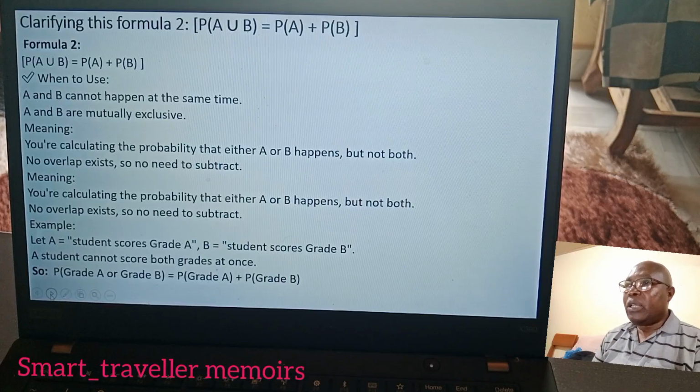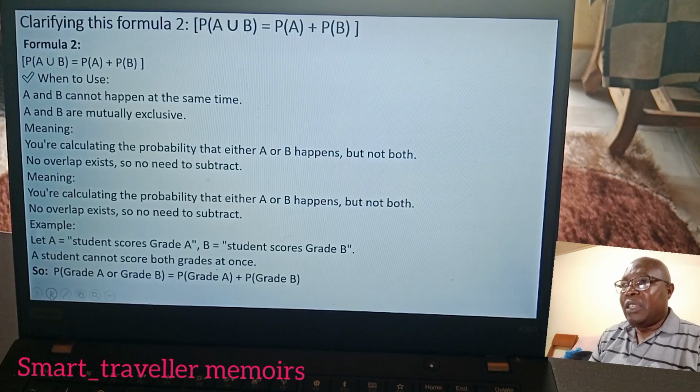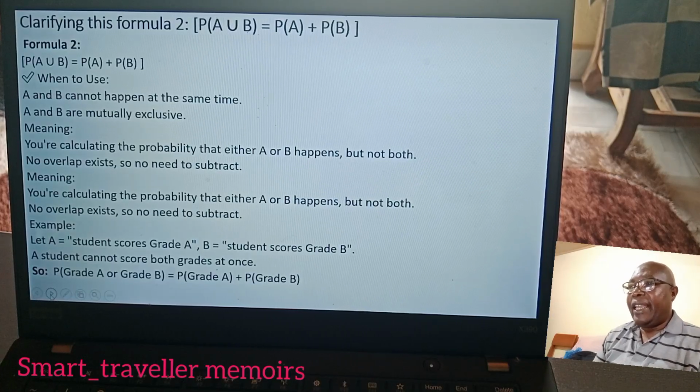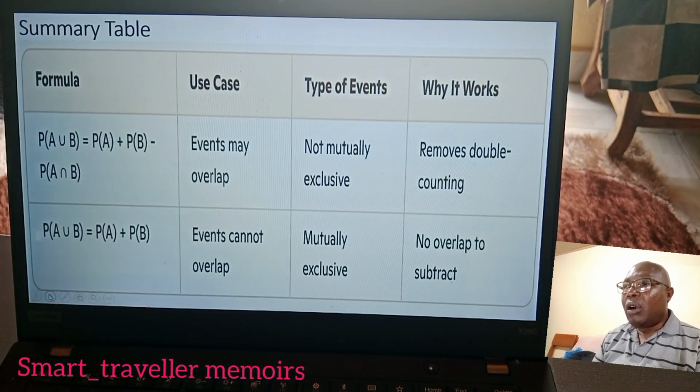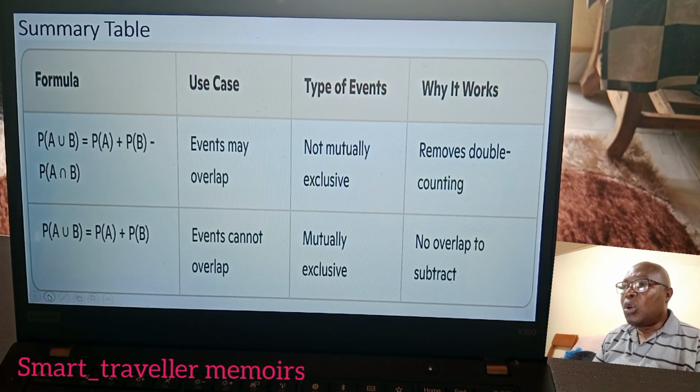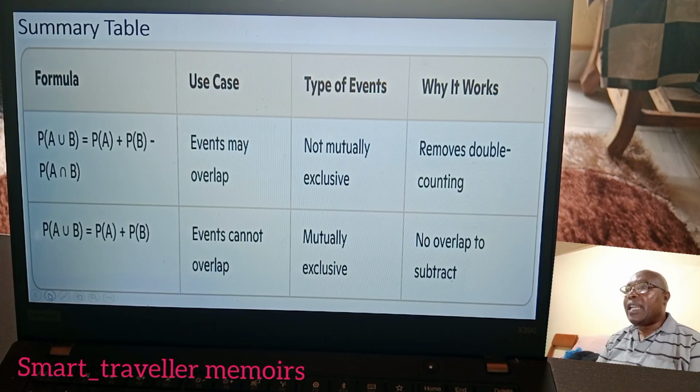Example, let A equal student scores grade A and B equal student scores grade B. A student cannot score both grades at once in a single subject. So, P grade A or grade B is equal to P grade A plus P grade B.